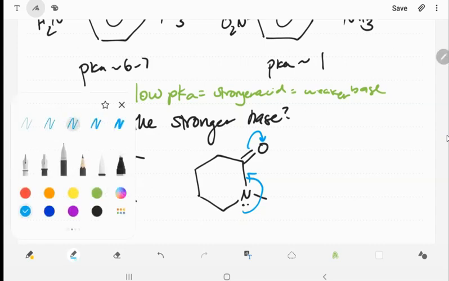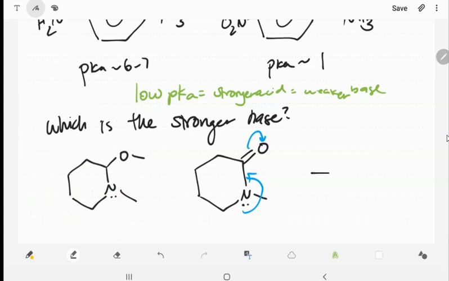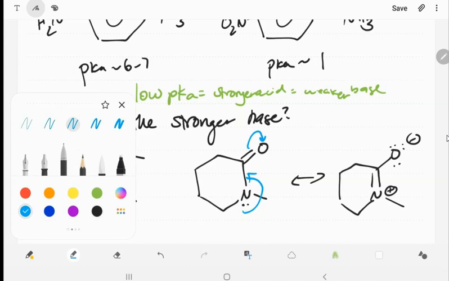Right. But this one, you can resonate to get rid of your lone pair on nitrogen. And that would make it far weaker, right? Can't even act as a base in this resonance form.